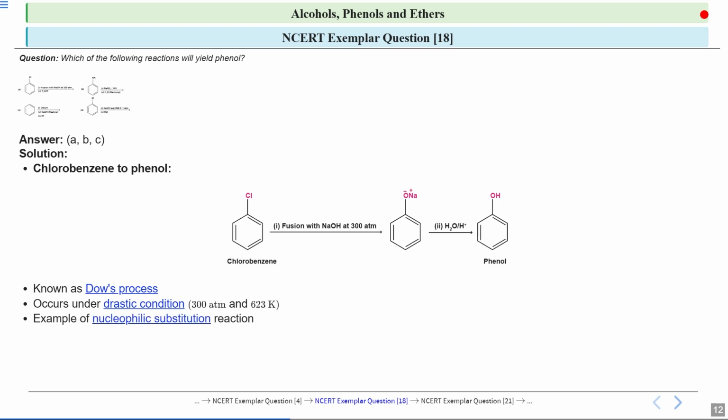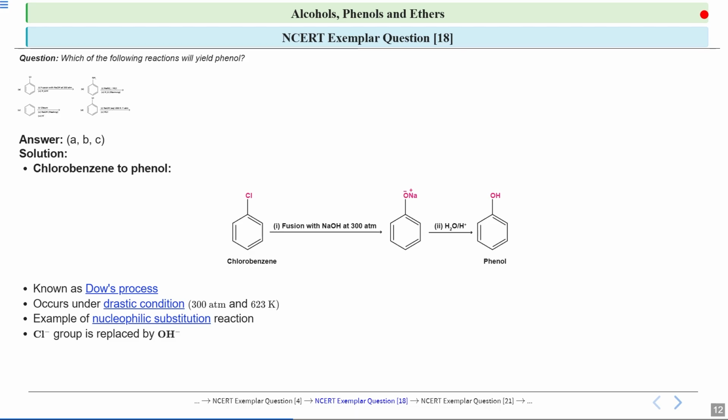So this is an example of a nucleophilic substitution reaction. A nucleophile is a chemical species that donates an electron pair. It will attack the aromatic ring and replace the chlorine atom. So the Cl group is replaced by OH, that is hydroxide.